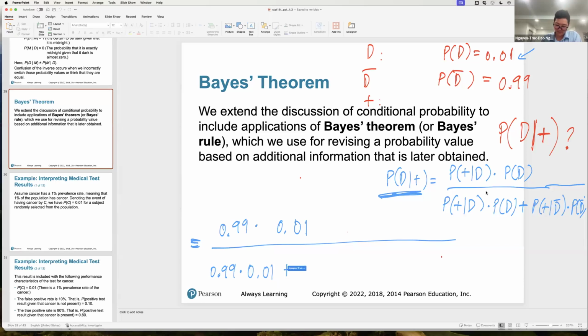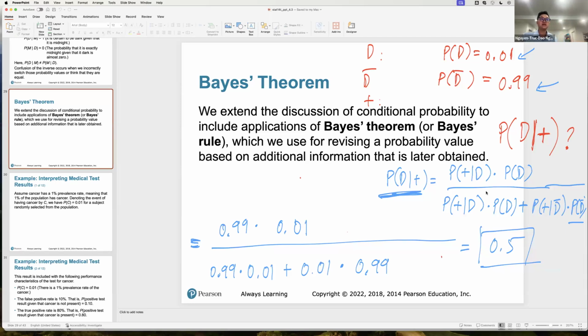Plus the probability of a positive result given that they do not have the disease, which is 0.01, times the probability of not having the disease, 0.99. Are we good? Now you can plug everything in and calculate it. The answer is going to be 0.5.